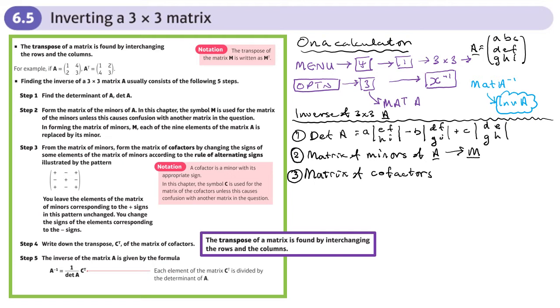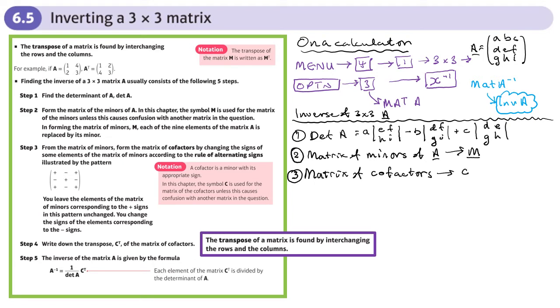So basically all the even positioned elements in a matrix, we reverse their sign, and the others we keep their sign. Now we use the letter C to stand for this matrix.